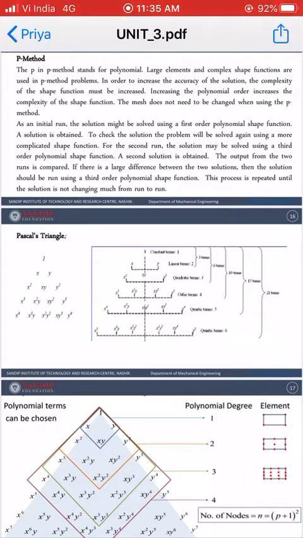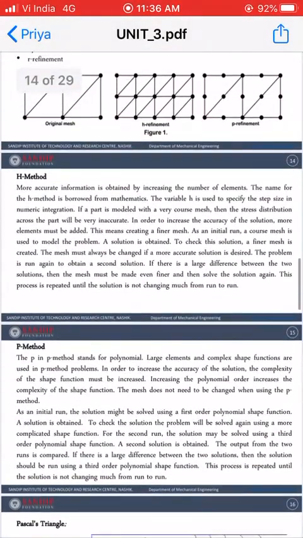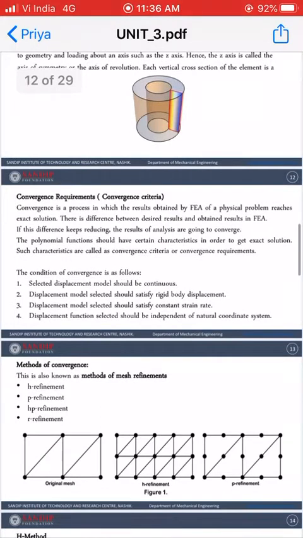Then in the previous lecture we have covered the basic convergence criteria for any FEA problem. As we have discussed in the convergence criteria, actually we have discussed the selected displacement function.